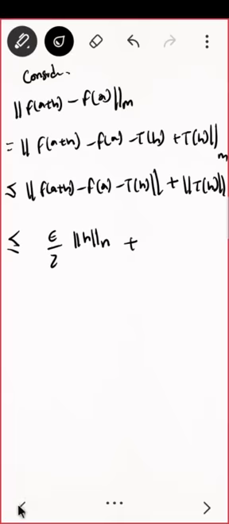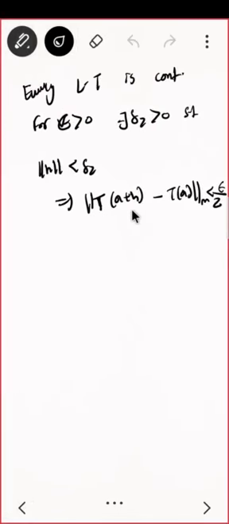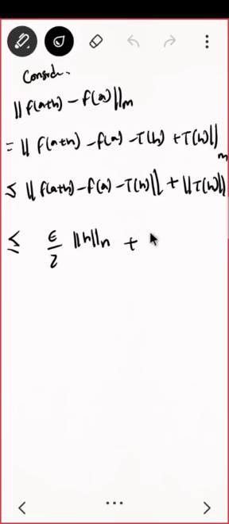Do you see, I got from here norm of T of E plus H minus T of E. But since T is a linear transformation, correct, T of E plus H is the same as T of E plus T of H, minus T of E, that is less than epsilon by 2. What do you mean by this? This is norm of T of H, that is less than epsilon by 2. So here you are having that also. So this will be less than epsilon by 2.